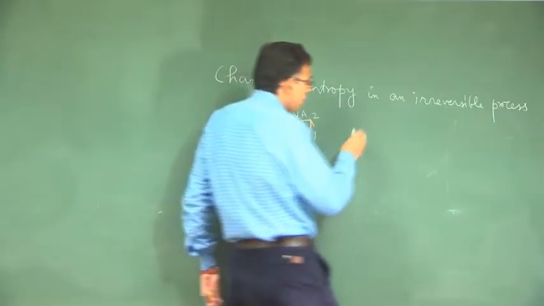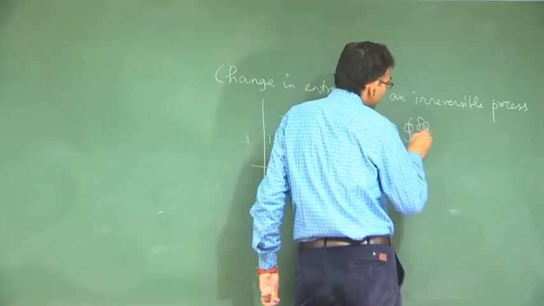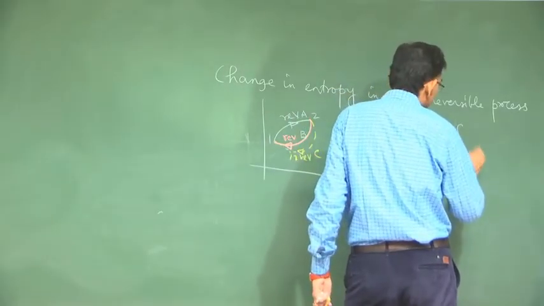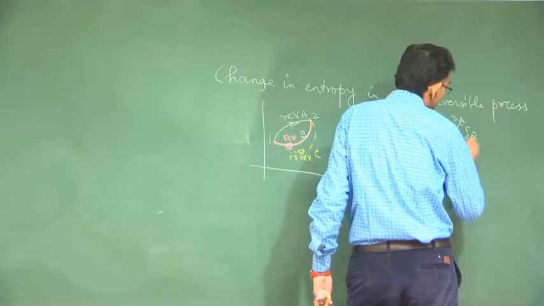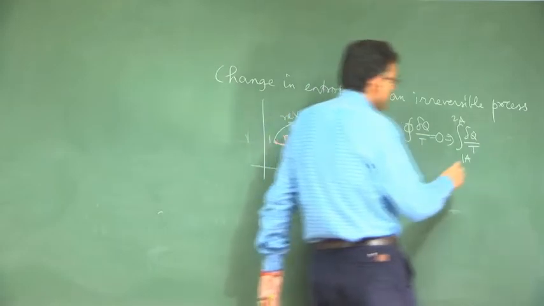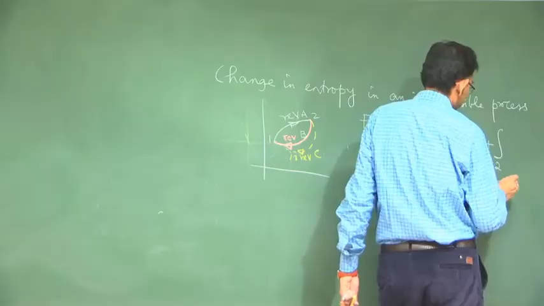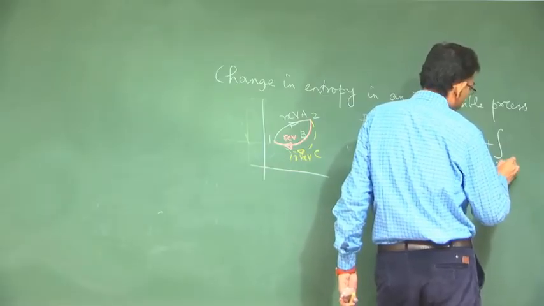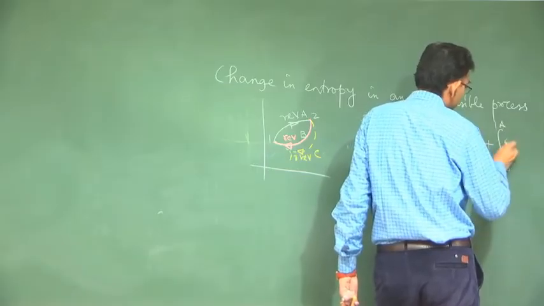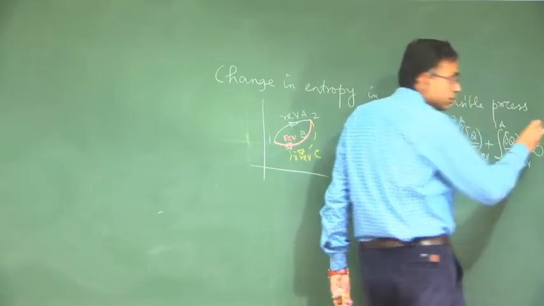From the Clausius inequality for a reversible cycle, the cyclic integral of del q by T equals 0. That means the integral from 1 to 2 of del q by T via path A and from 2 to 1 via reversible path B is 0.